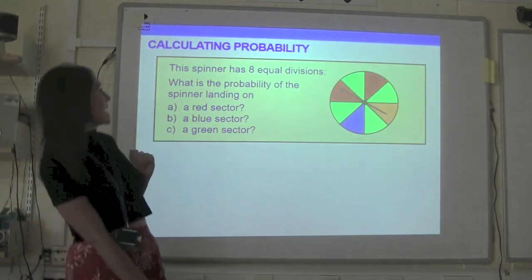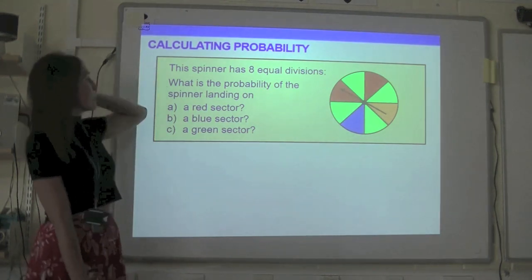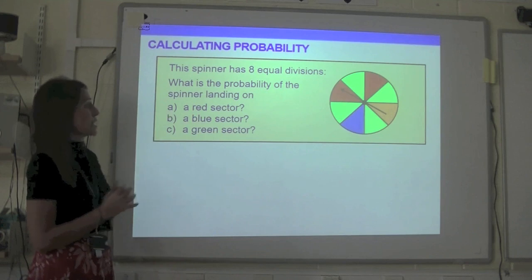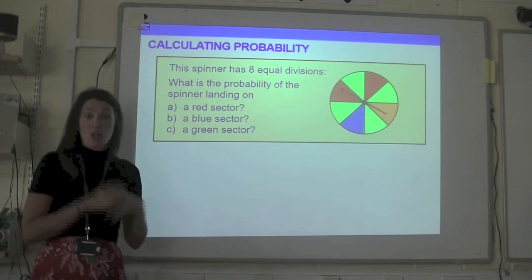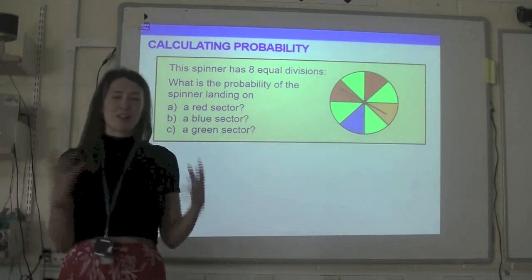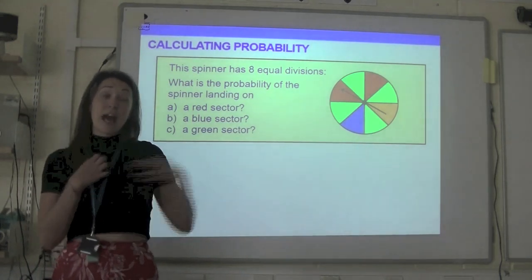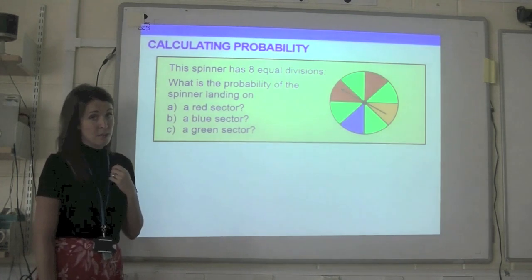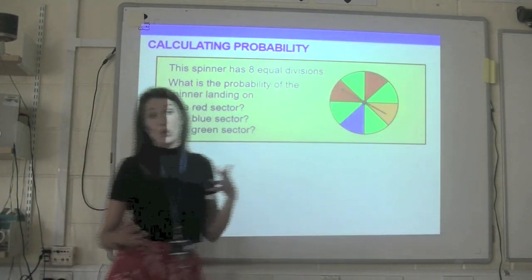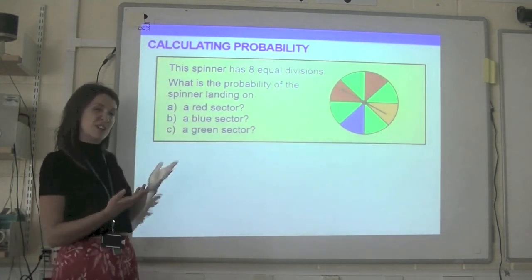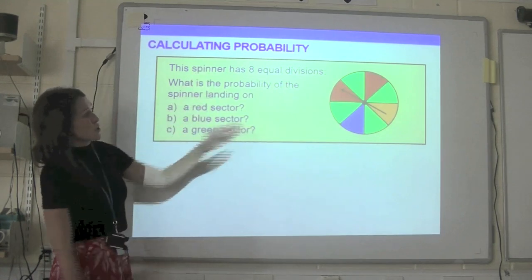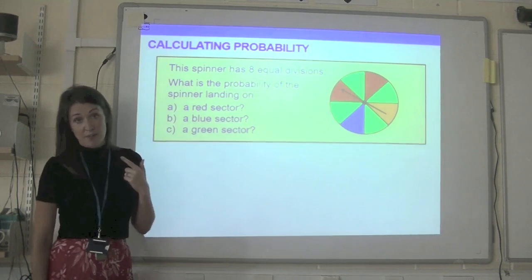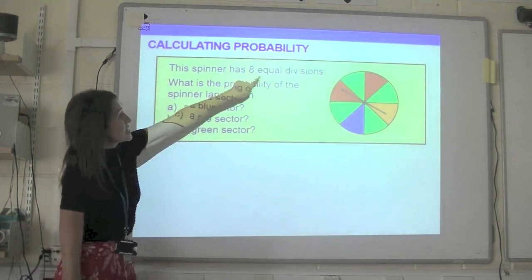So, this spinner has 8 equal divisions. What is the probability of the spinner landing on a red sector, a blue sector and a green sector? So if we were in class, we'd talk about this together and I'd get you to help me answer these questions. So if it was a red sector, there are 2 options on our spinner that satisfy it being a red sector, out of 8 equal divisions.